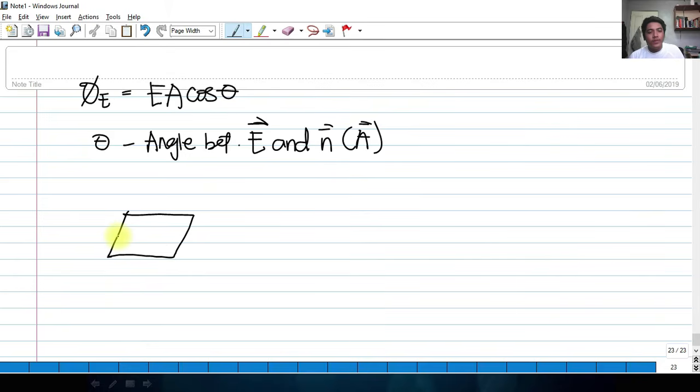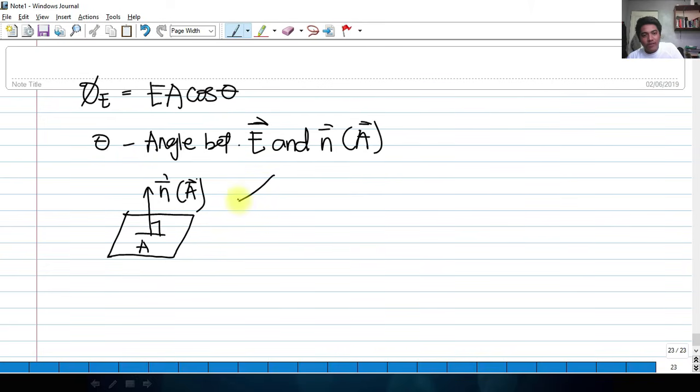The area vector or the normal vector is defined as the vector which is always perpendicular to the surface. So in this case, we have a plane here that has an area A, and the normal vector of this plane is going upward, because this vector must be perpendicular to the surface of the plane.